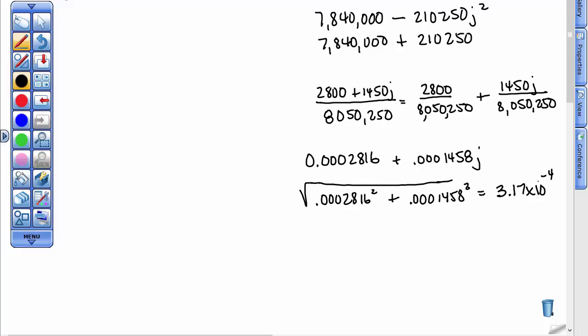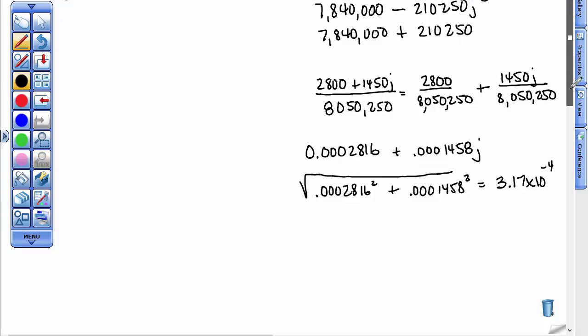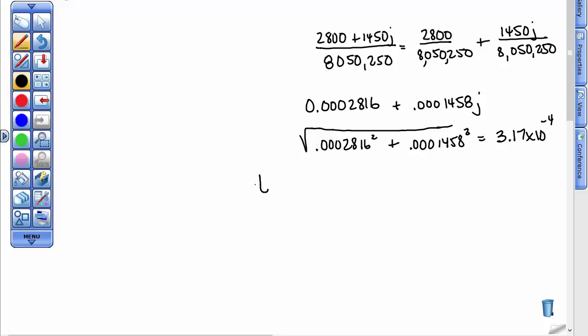Now, I need to know the angle, and this vector right here is in the first quadrant because those values are both positive. So I next took the inverse tangent of the y value, 0.0001458, divided by the x value, 0.0002816, and I got about a 27-degree angle, I think.